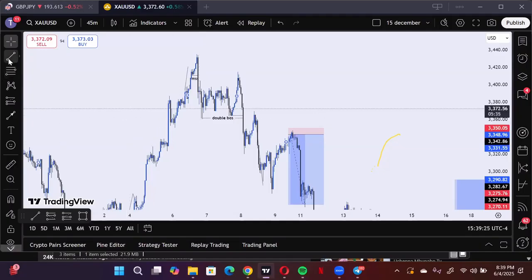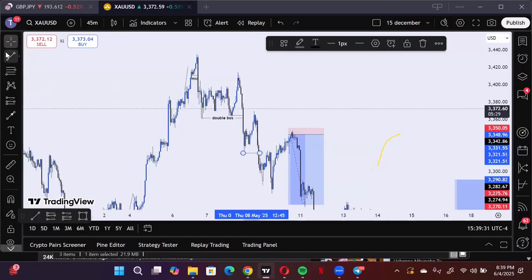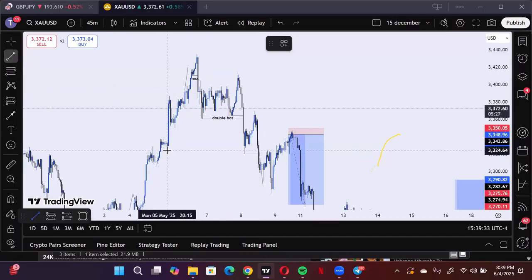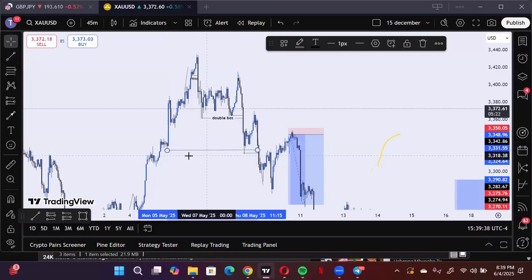Same as this, it took out this low, but there was also a previously existing low here. So it took out this and then this. So this is what you also call a double break of structure.